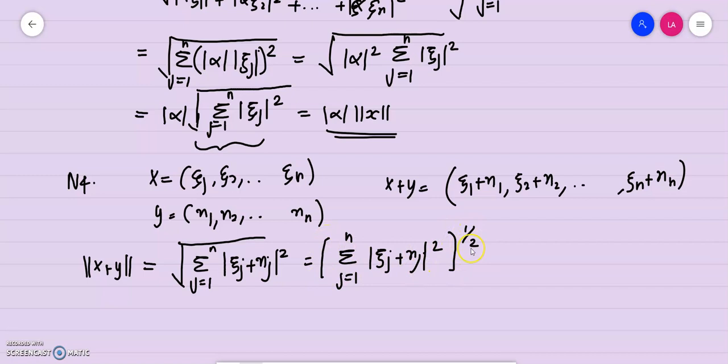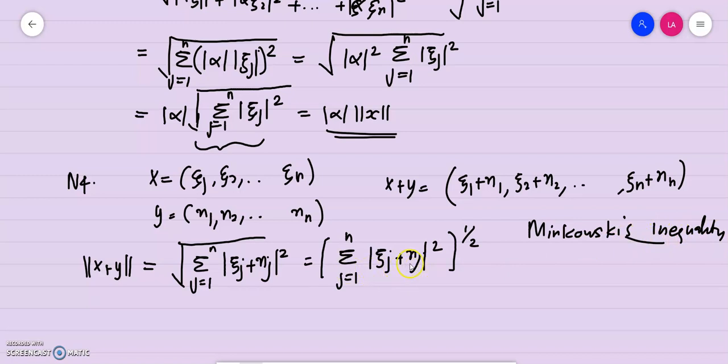Since we have already proved Minkowski's inequality, I won't be stating that inequality.